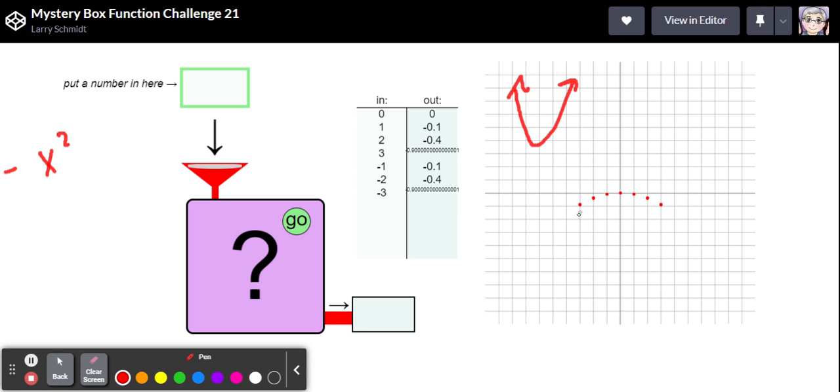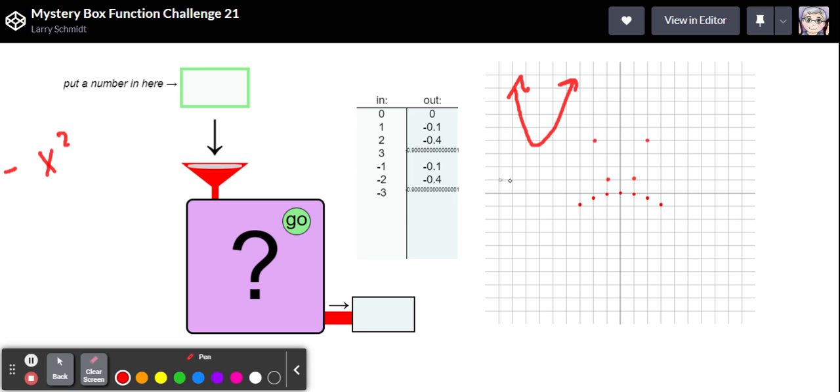And clearly this is really wide. If you just had y equals x squared, you'd get 0, then 1 and negative 1, then 2, 4 and negative 2, 4. We don't have that, so it's upside down.